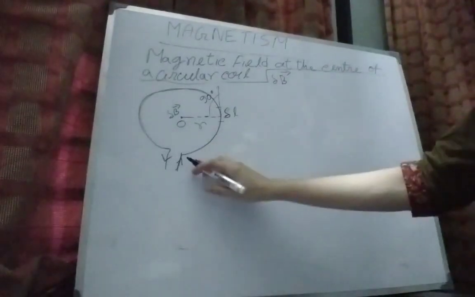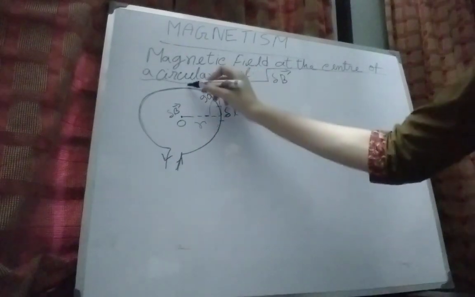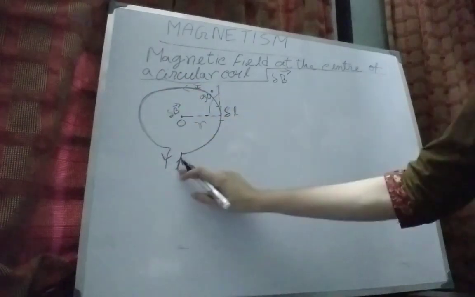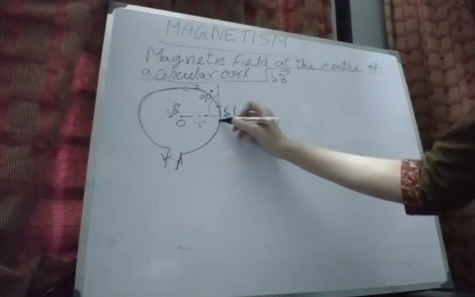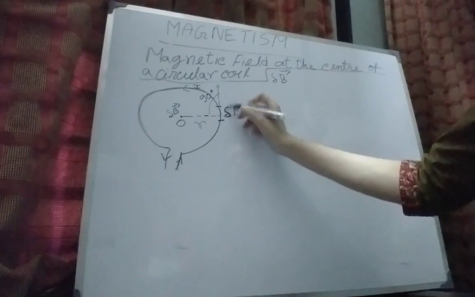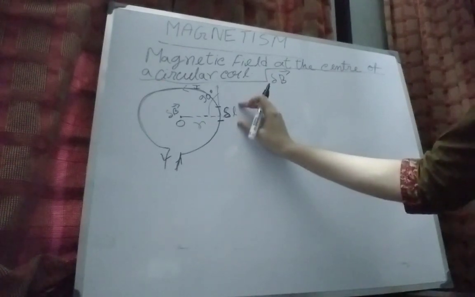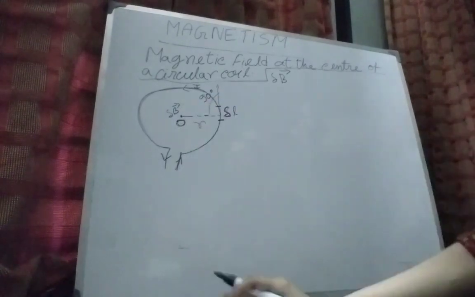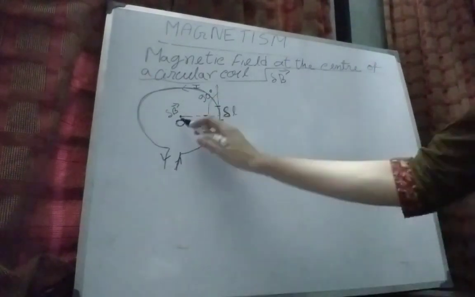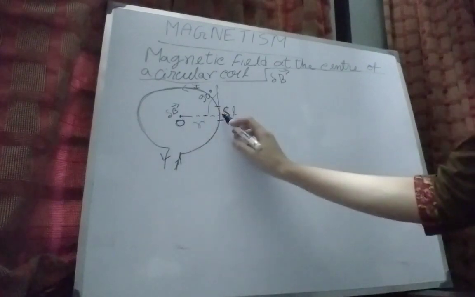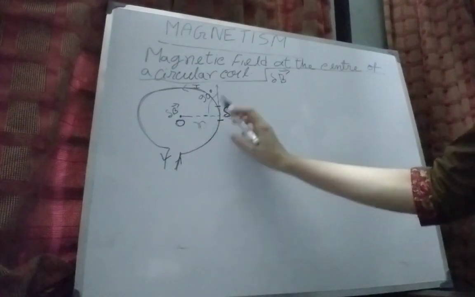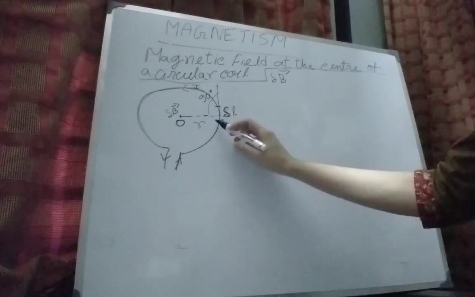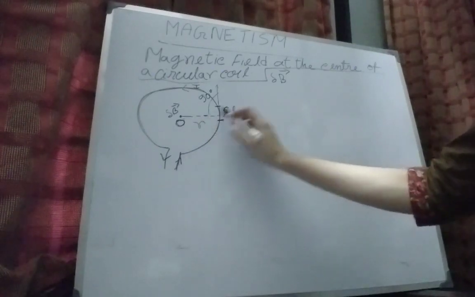Here this is the circular coil where the current I is flowing through this direction, and we are considering a small current element del L. Due to this del L a magnetic field del B will be produced at the center O of this circular coil, and the distance between this center and the current element is r, and the angle between del L and r is 90 degrees.